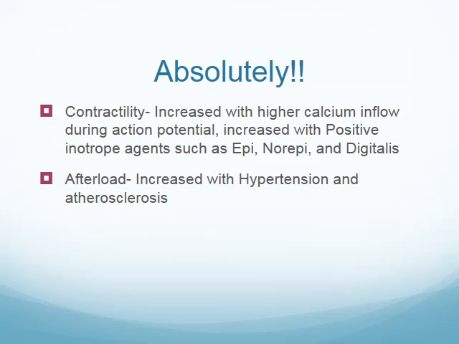Contractility is increased with higher calcium inflow during the action potential, increased with positive inotropic agents such as epinephrine, levophed, digitalis, etc. And then afterload is going to be increased with hypertension, atherosclerosis, and afterload is also decreased with any beta blockers that we might give, or nitroglycerin as well.